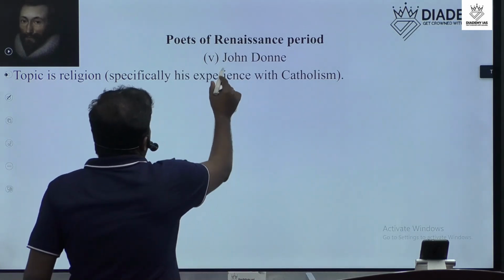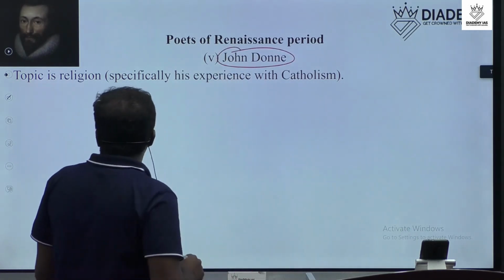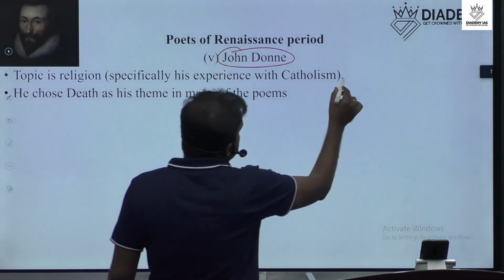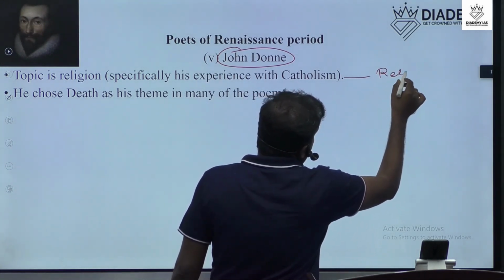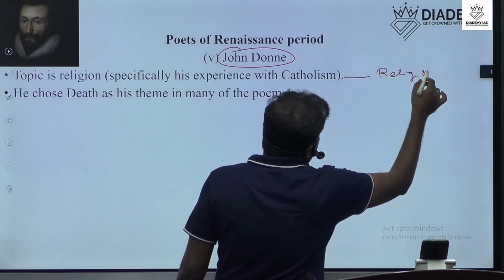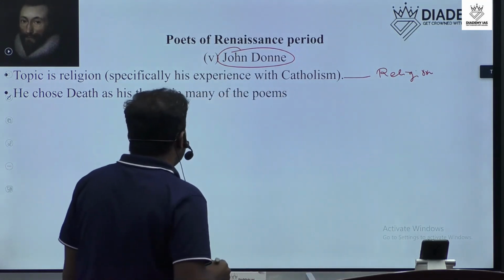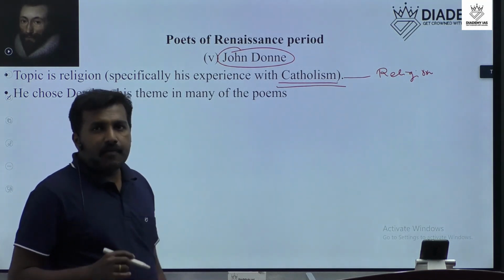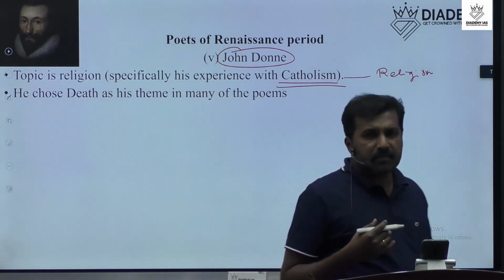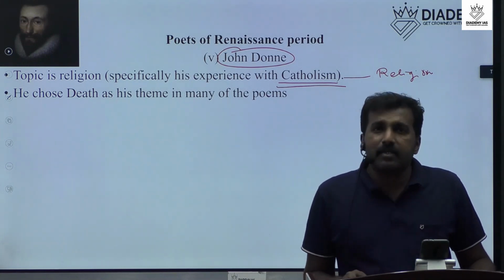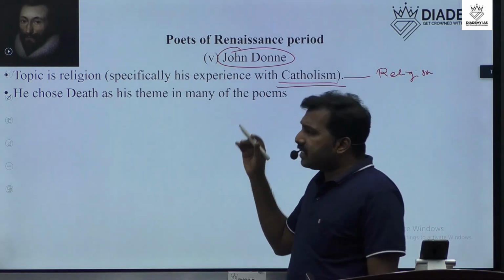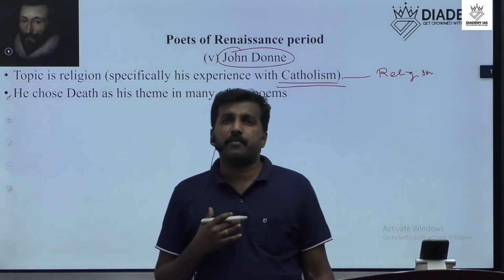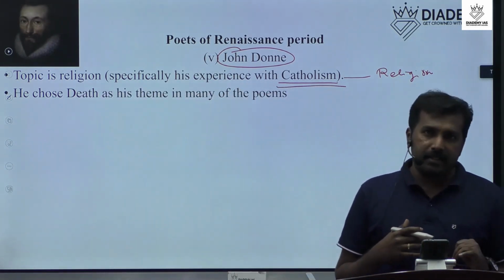And next is John Donne. What is the role of John Donne in this period? John Donne mainly based his works on religion. He wrote a lot of literary work relating to religion, basically Catholicism. We have different religious systems in England, mainly Catholicism and Protestant, and we already said that religious partiality was one of the problems in England.